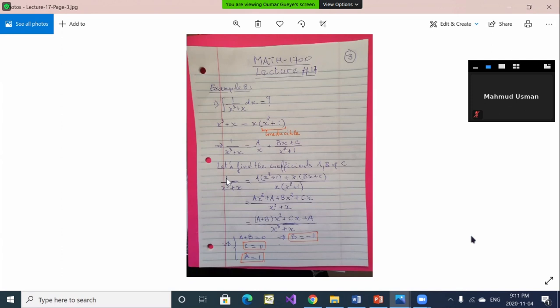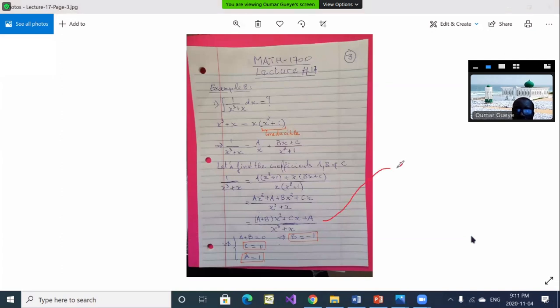Okay, so this numerator, from this equality here, to be equal, numerator 1 should be equal to A plus Bx, times x squared, plus Cx plus A. This is C.